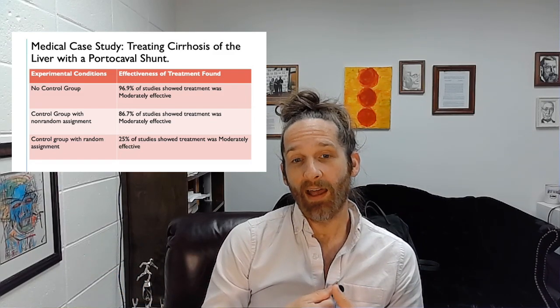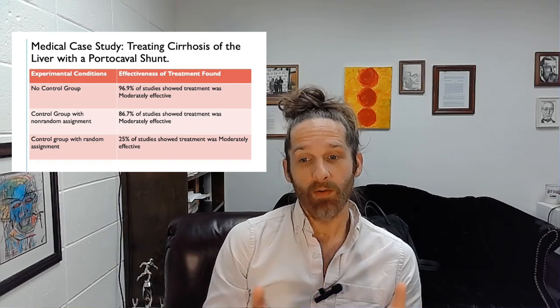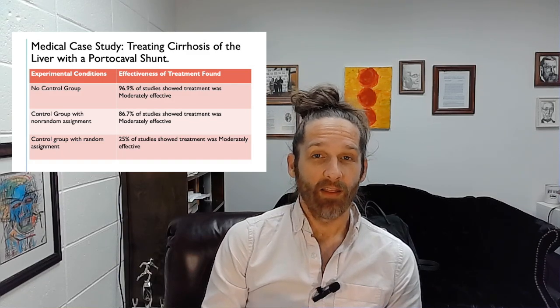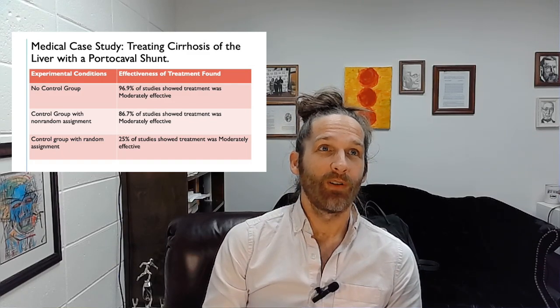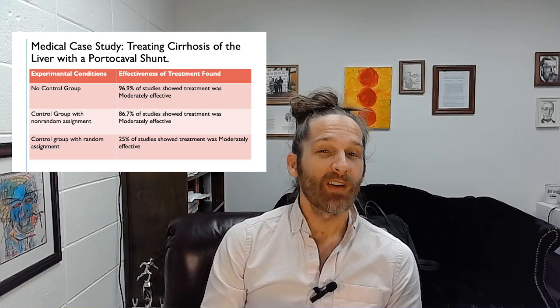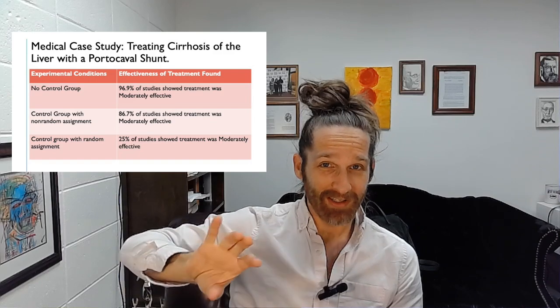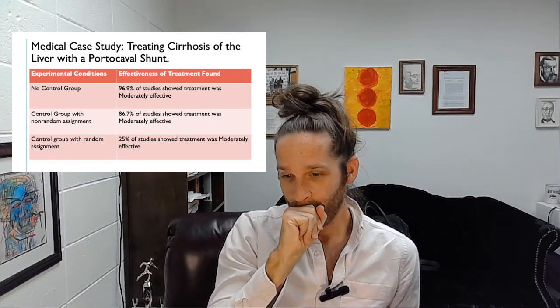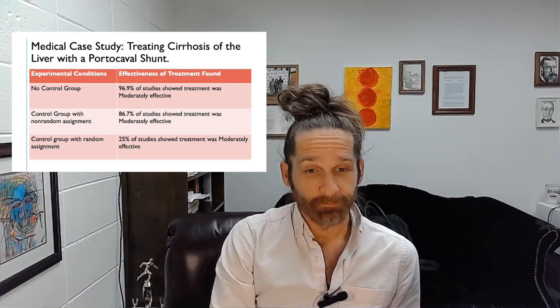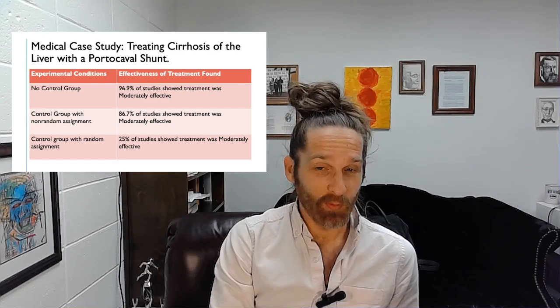It could also be that the experimenter, we don't know this, the experimenter may have picked the 50 candidates who had the lowest levels of cirrhosis and included them in the study. People with higher levels of cirrhosis they did not include. We don't know that for sure because random assignment wasn't used.